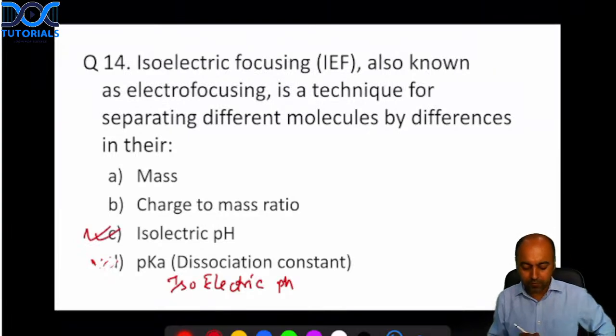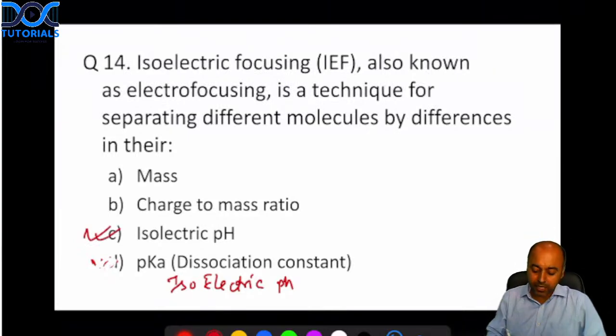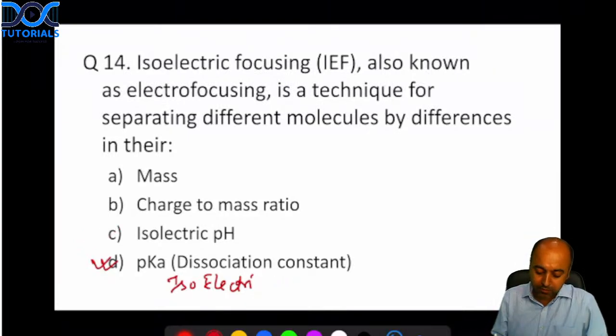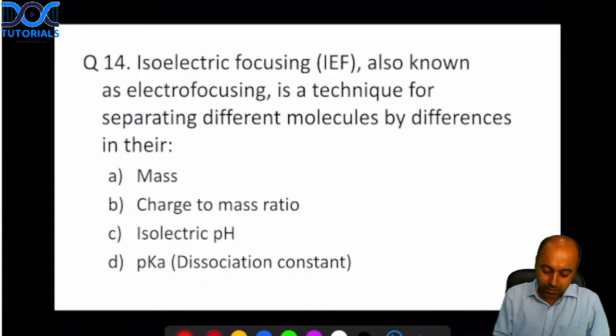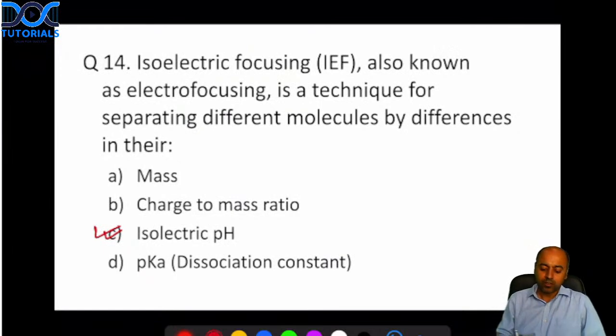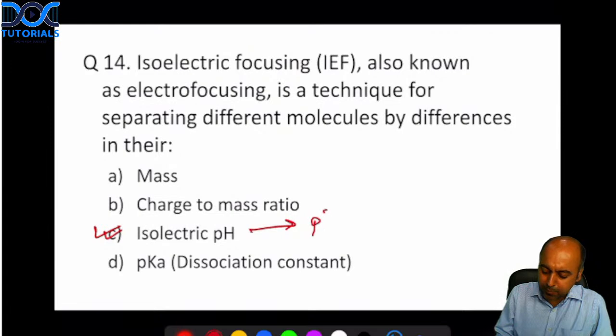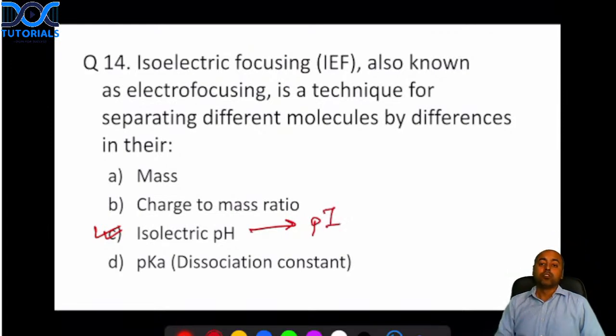Okay, so the separation is by isoelectric pH. Please keep this in mind. The answer is isoelectric pH. Isoelectric pH is written as pI. So isoelectric focusing is based on the differences in isoelectric pH.